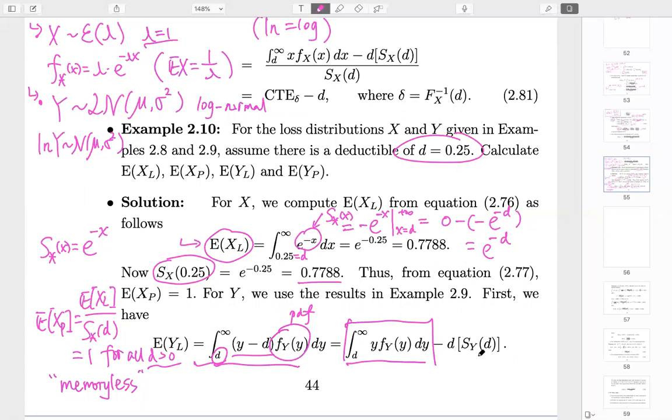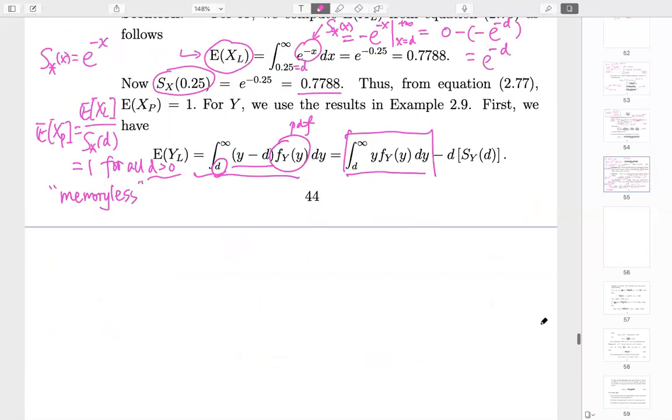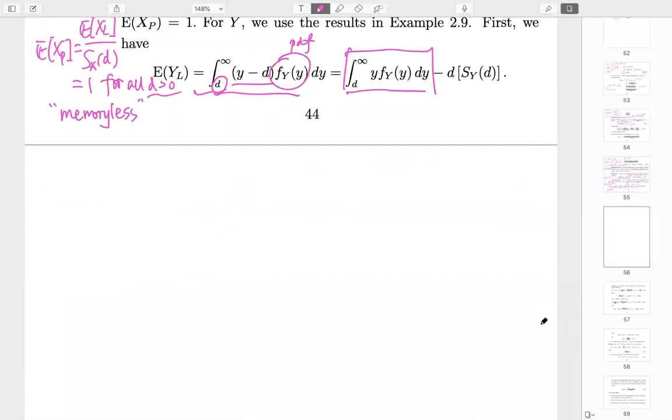This is D times the survival probability at D. The tough part is to analyze this integral. So first of all, you need to know the PDF of a log normal, which we have a few slides earlier on.